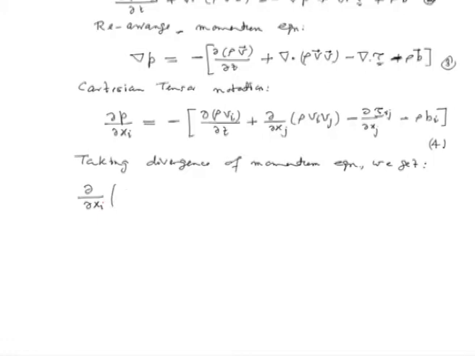Del over del x i of del P over del x i is equal to minus del over del x i of del by del t of rho V i, minus, or rather we can write it as del 2 of rho V i V j divided by del x i del x j, minus del 2 tau i j over del x i del x j minus del over del x i of rho B i. Sorry, these last two terms would have positive signs.